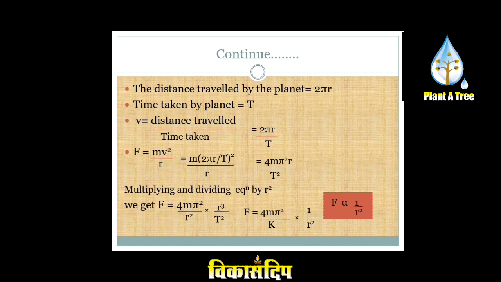So when we separate the constant terms and the variable terms, 4 is a constant, m is constant, pi is also constant, and k is also constant. Removing these constant terms, we get F is directly proportional to 1 upon r square.